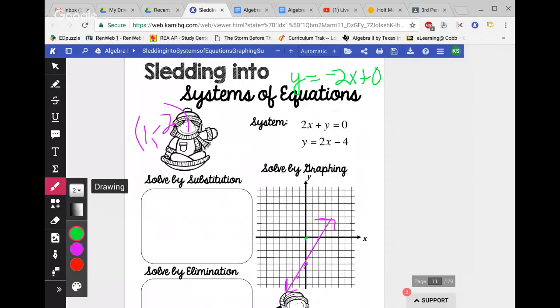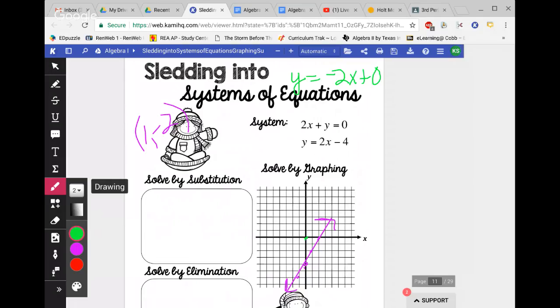What's our slope on that one? -2. So I would go down 2, right 1, because I have to go one negative direction and one positive. If I go up 2, I would have to go left 1, because up is positive and left is negative.